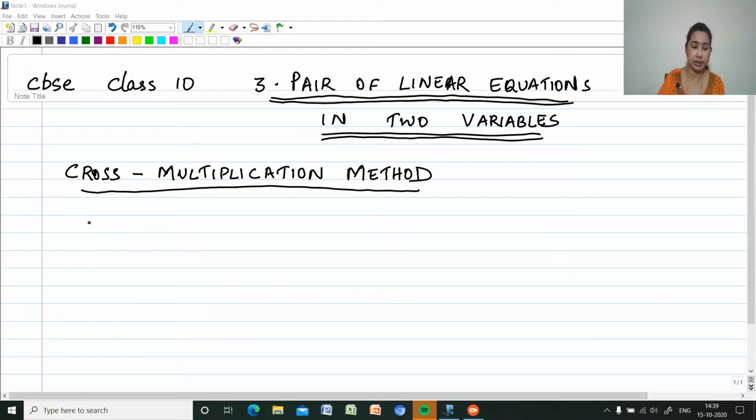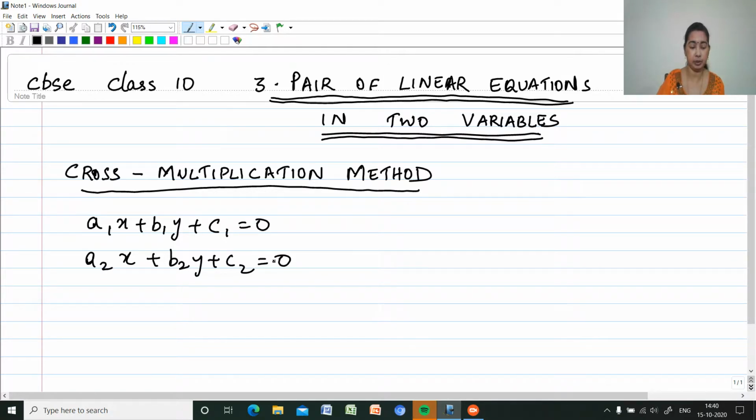Let us consider two equations. One is a1x plus b1y plus c1 equal to 0. The second equation is a2x plus b2y plus c2 equal to 0. According to the cross multiplication method, first we have to take b1, b2, the second term.